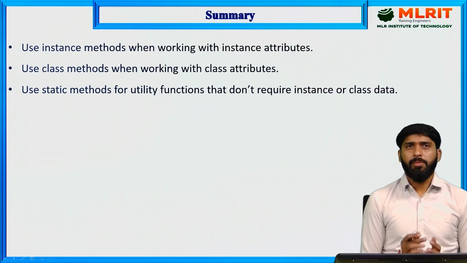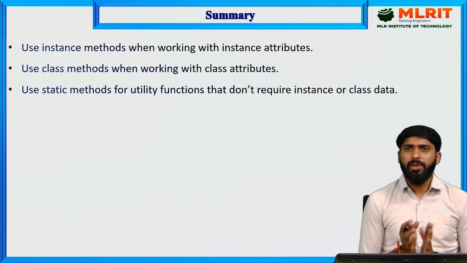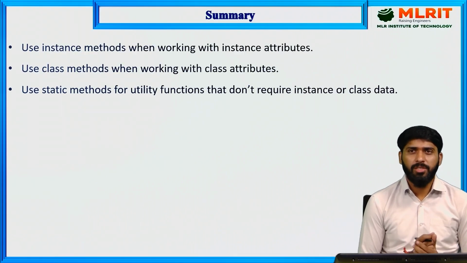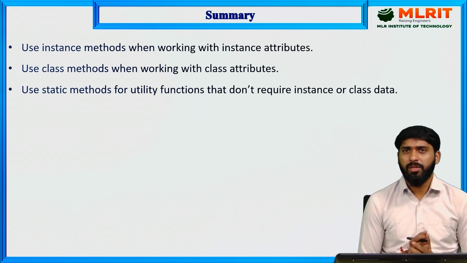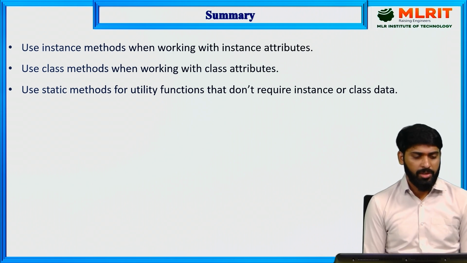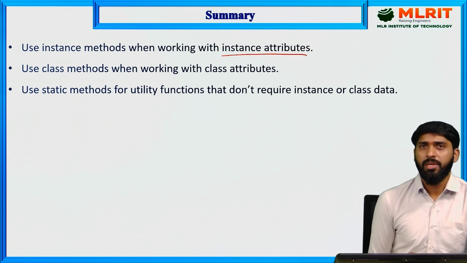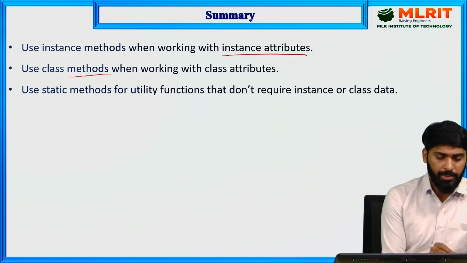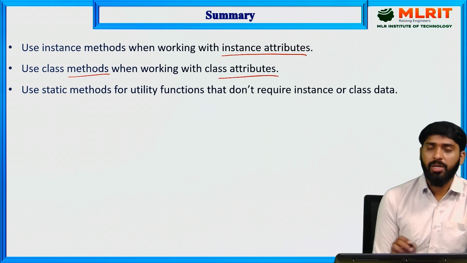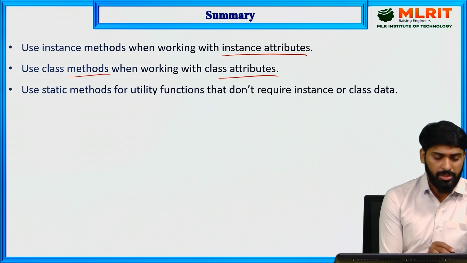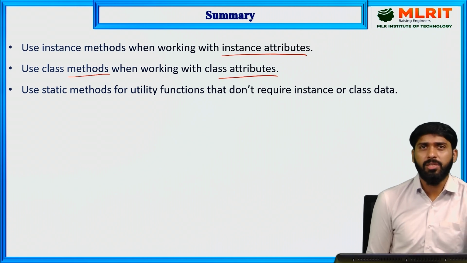So, coming to the summary of the session. In this session we learned how to use instance methods, class methods and static methods in real time. We use instance methods when working with instance attributes. We use class methods when we work with class attributes, and we use static methods for utility functions that don't require instance or class data.